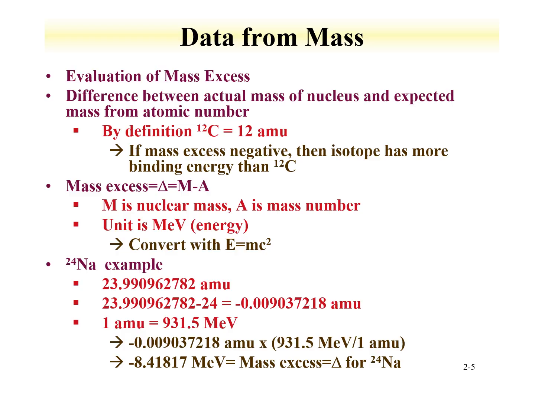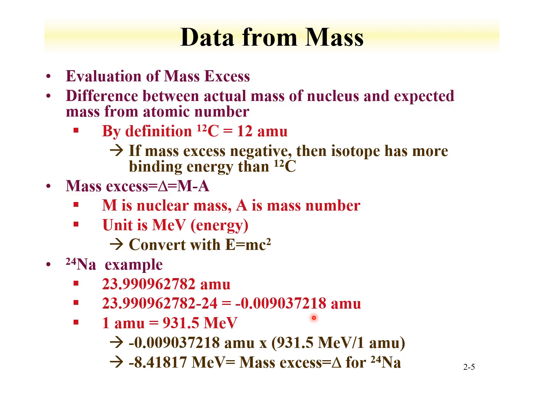As an example of what we mean by mass excess, if we look at sodium-24, the AMU, the atomic mass, is listed here. It's just a little bit under 24, right? So 23.9909, etc., minus 24 is equal to this very small negative number. And I already gave you this value that we're going to convert it from atomic mass units into energy.